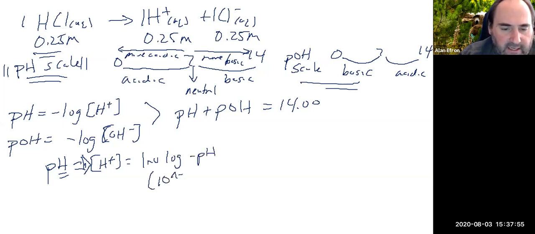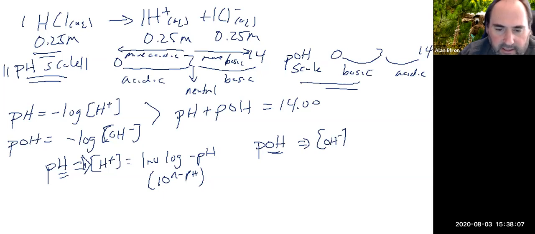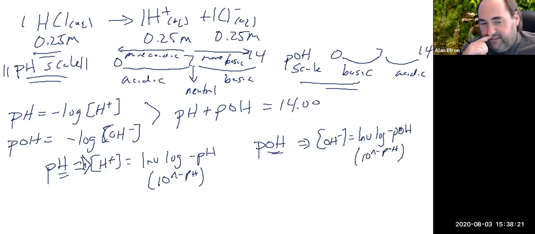That is a 10 and a caret minus pH on most people's calculators. And again, if you have the pOH, you can get the OH minus concentration by taking the inverse log of the minus pOH. Again, that's a 10 and a caret minus pOH, usually, on most people's calculators.